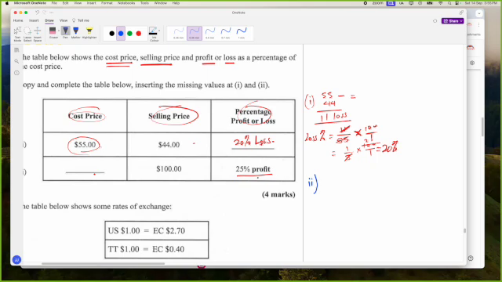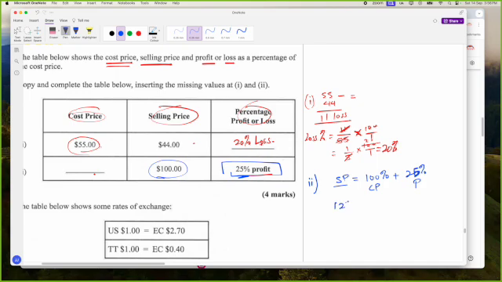Alright. So for number 2 here now, the selling price is $100, and that represents a 25% profit. Remember that selling price will have the 100% cost price plus the 25% profit. That is what the selling price is. So the selling price is 125%.